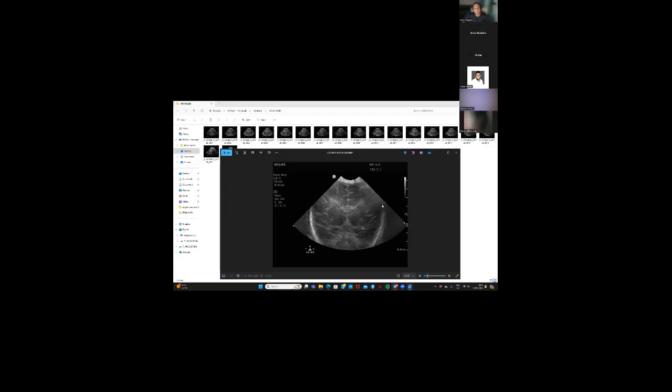Here we can see the bilateral choroid plexus in the body of the lateral ventricle. The choroid plexus both look similar in density, so they look okay.